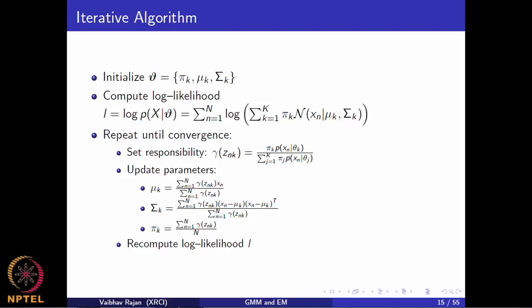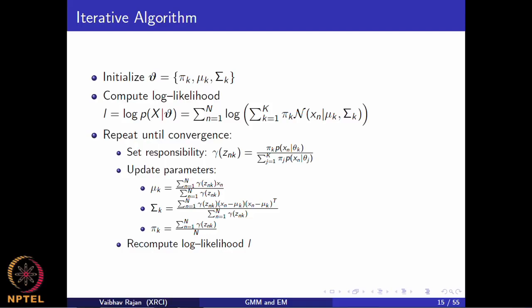We can compute it because we have guessed the parameters, and then we will set the responsibilities, because we know all these parameters are guessed. And given the responsibilities we can compute all the parameters again, and we will use this to get a new guess, and that way we will iteratively keep refining our guess.